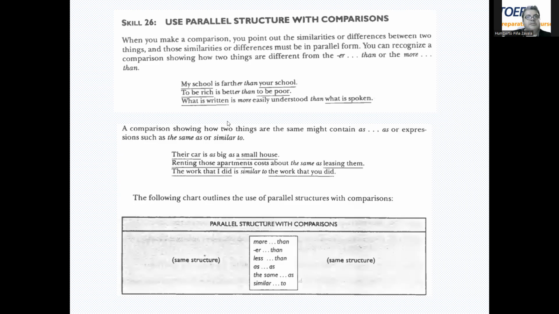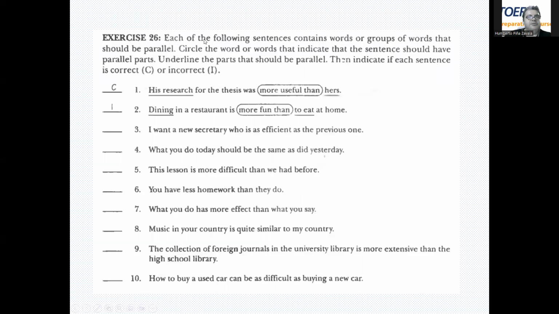Okay, so each of the following sentences contains a word or group of words that should be parallel. We're going to circle the word or words that indicate that the sentence should have parallel parts, underline the part that should be parallel, and then indicate if this sentence is correct or incorrect.